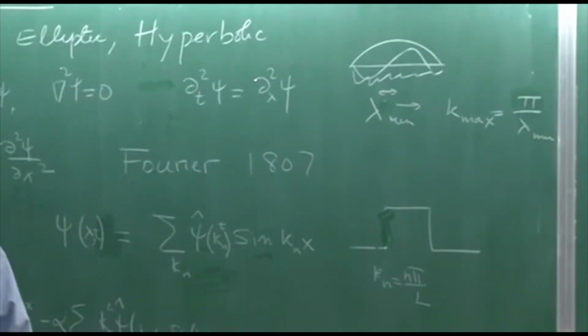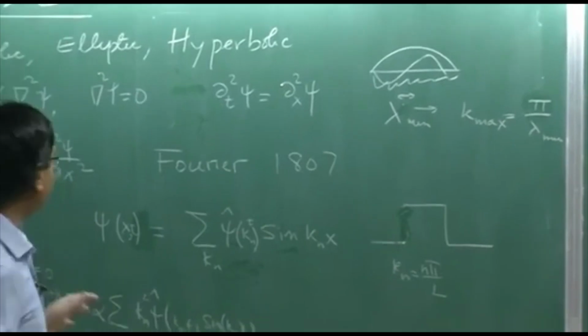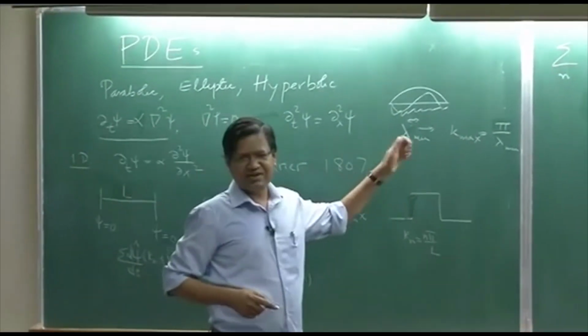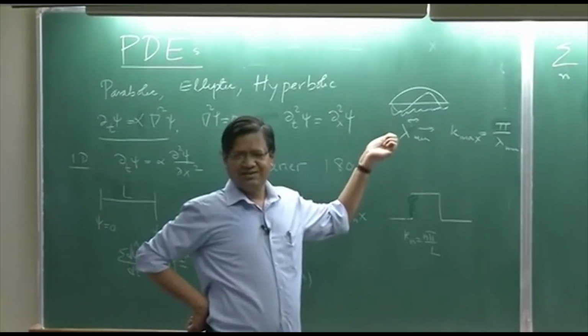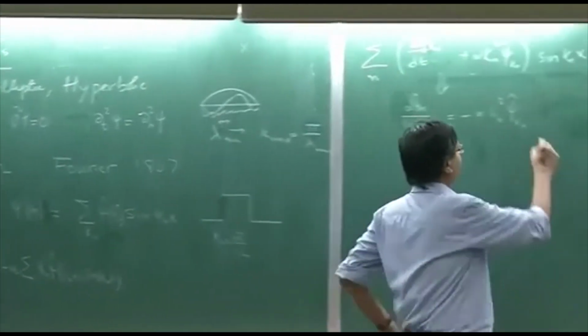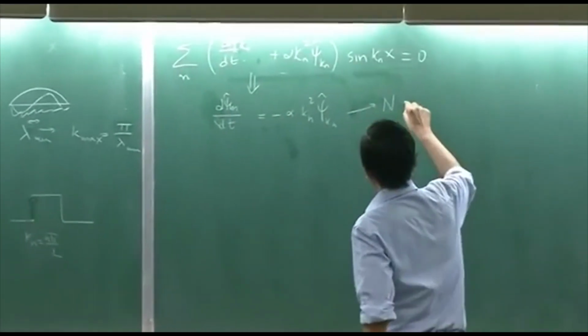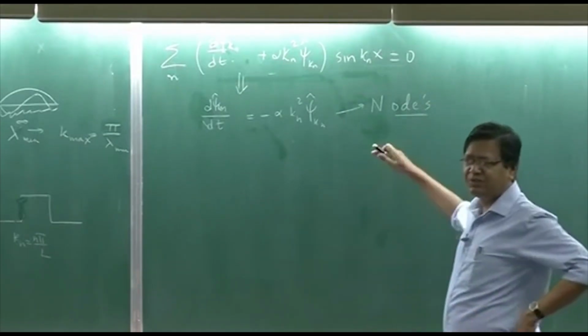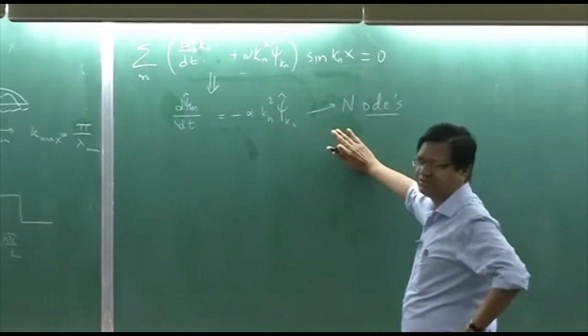Given the time series, somebody gives you the function, I just have to find the lowest wavelength. So this is a set of n ODEs, and I can now use my techniques to solve these ODEs.